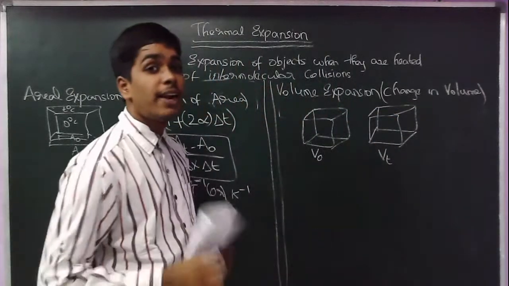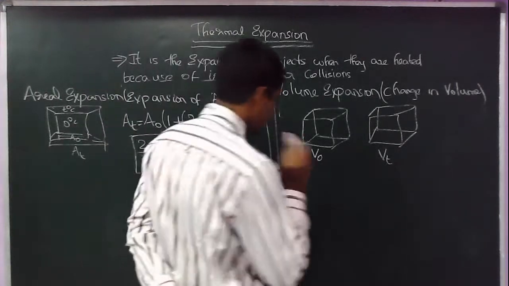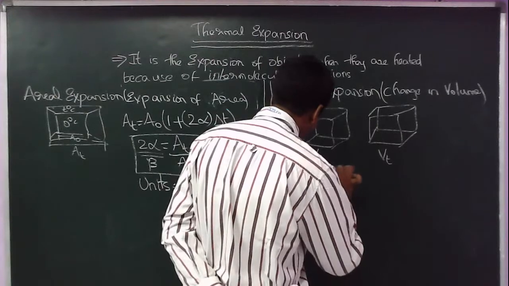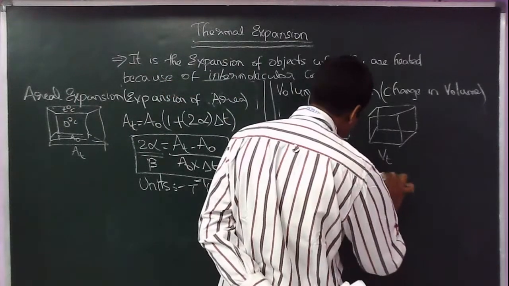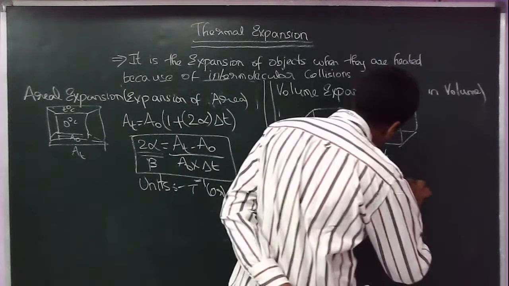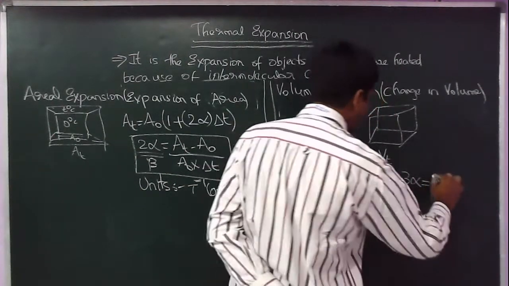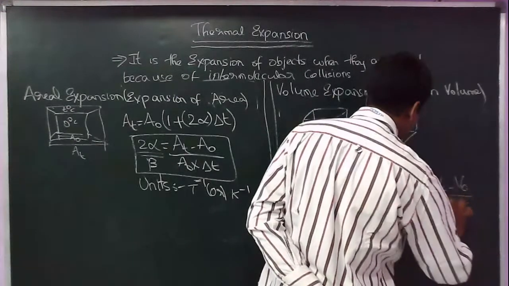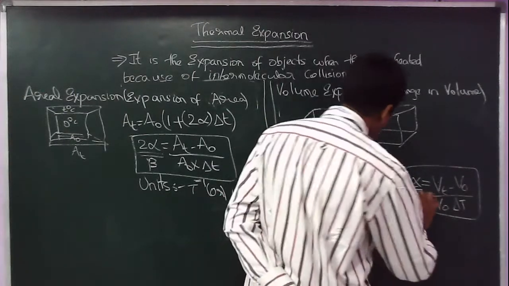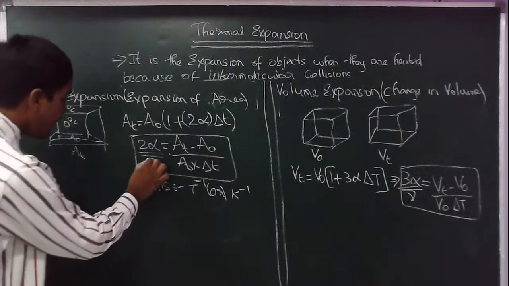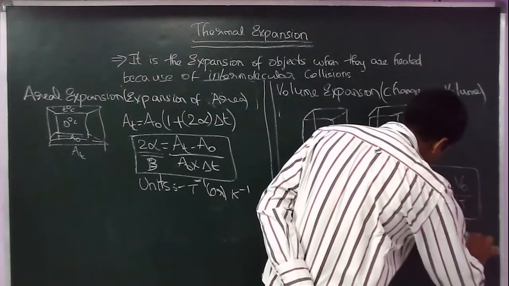We have the relation Vt is equal to V0 into 1 plus 3 alpha into delta T. Now, what is the value of 3 alpha? 3 alpha is equal to Vt minus V0 upon V0 into delta T. Okay? 3 alpha means gamma and 2 alpha is beta, and the units are temperature inverse or Kelvin inverse.